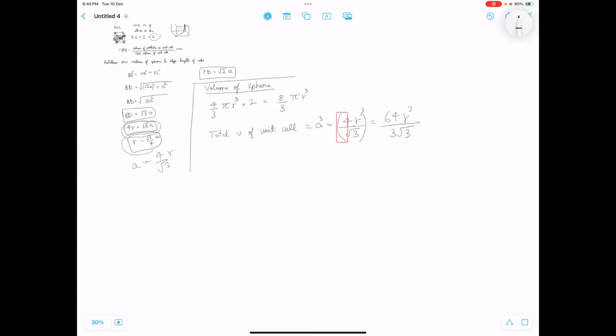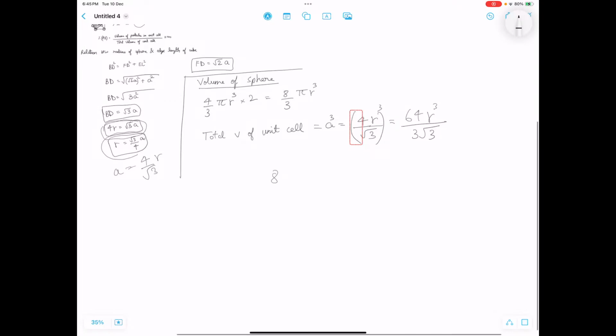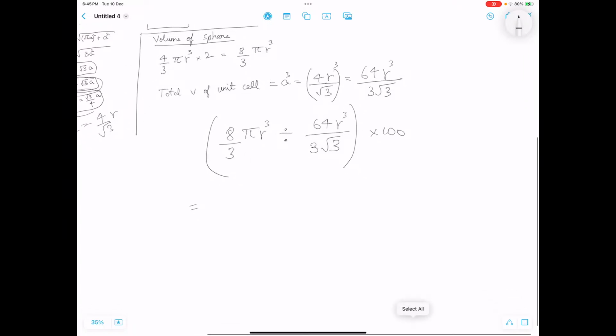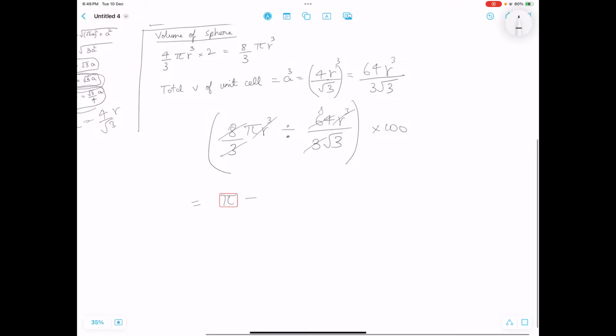Now you just divide these. So 8 by 3 pi r cube divided by 64 r cube by 3 root 3 into 100, because it's a percentage. From here you can clearly understand r cube will be gone, 3 will be gone, 8 and here 8. So what we get is pi divided by 8 by root 3.